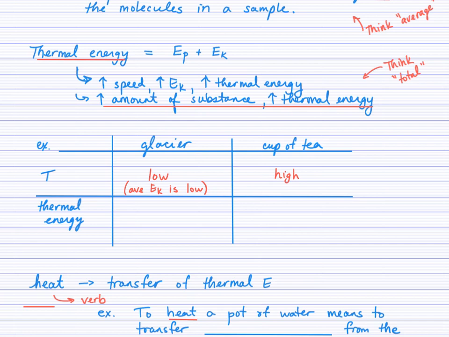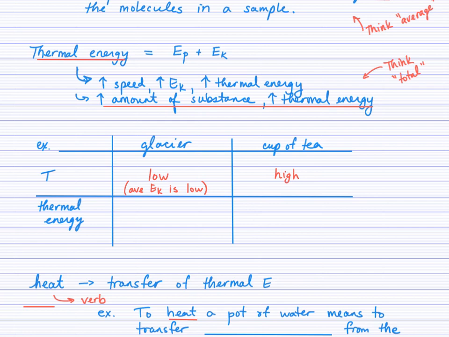Now, what about thermal energy? Thermal energy is the sum of all the potential and kinetic energies of all of the particles in the sample. So even though that cup of tea has a much higher temperature, a higher average kinetic energy of the particles, think about the sheer billions and billions more of particles there will be in that glacier compared to the cup of tea.